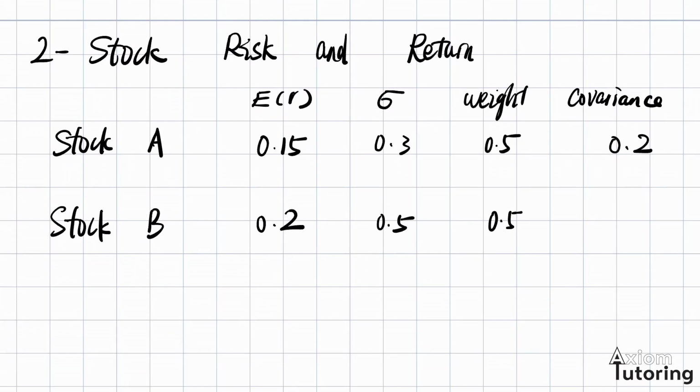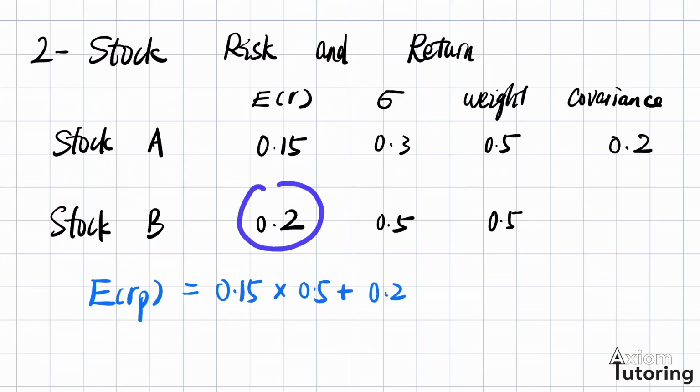So the expected return for the portfolio is going to be 0.15, which is the expected return for stock A, multiplied by its weight, which is 50%, or 0.5, and 0.2, which is the expected return for stock B, multiplied by 0.5 again, which is the weight for stock B. And then you would have 0.175, or 17.5%, as the expected return for this portfolio.